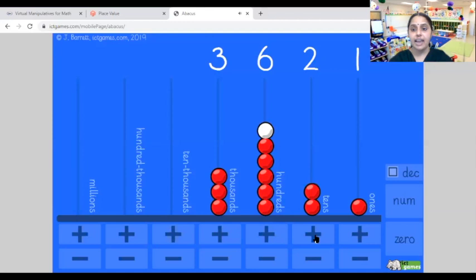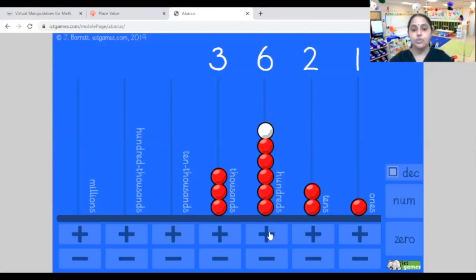When we are adding 9, what happens? The answer becomes 12. We had 3 already there and plus 9, so it becomes 12. So 2 we will write here and 1 goes to the hundreds place. Correct?